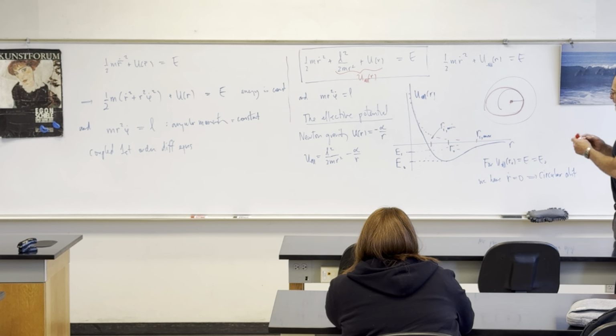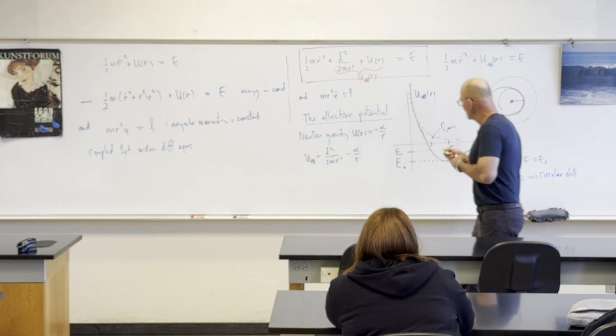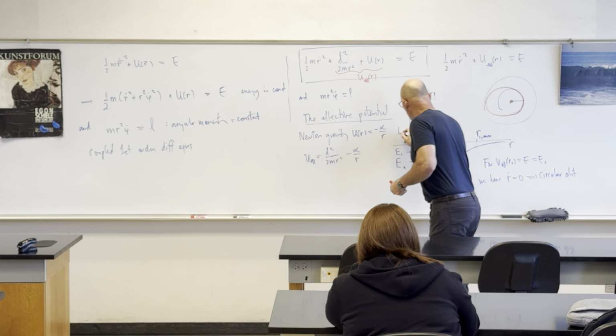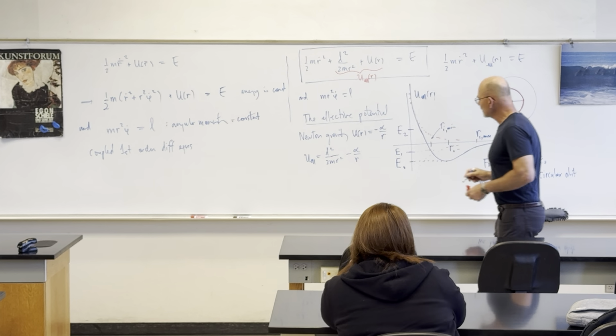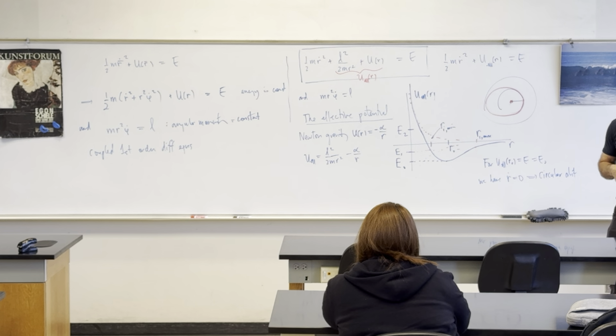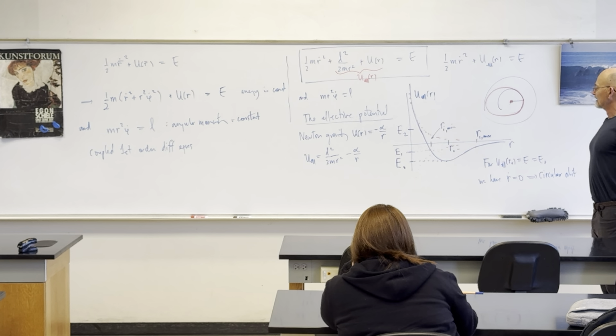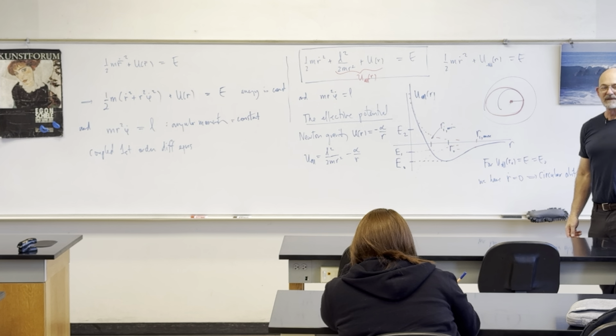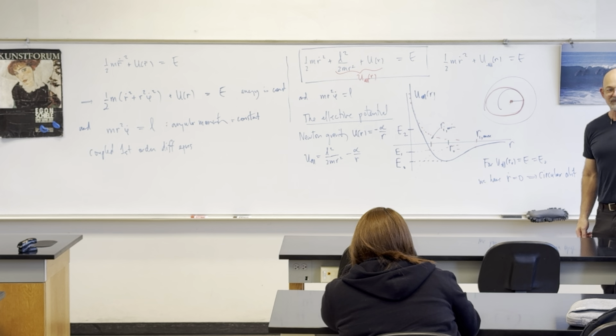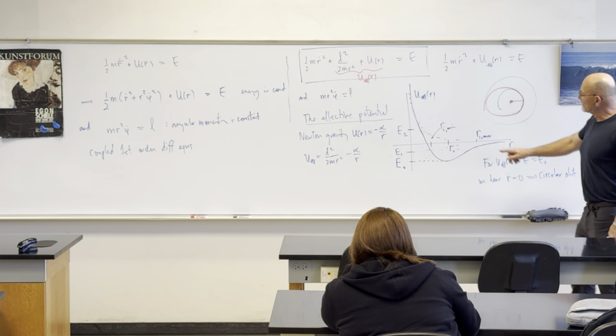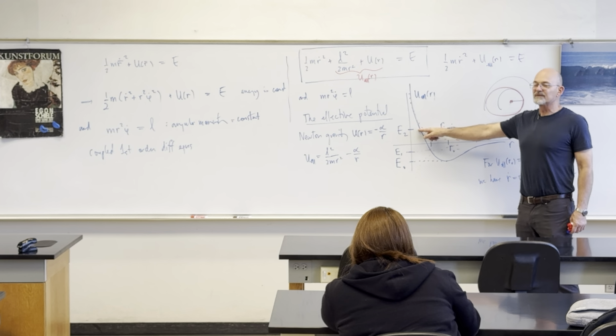Let's add one more energy to this. What does this one mean? Yeah, you're not going to have a closed orbit at all. It would be just sort of spiraling away. Yes, because imagine a particle here, you release it from rest.